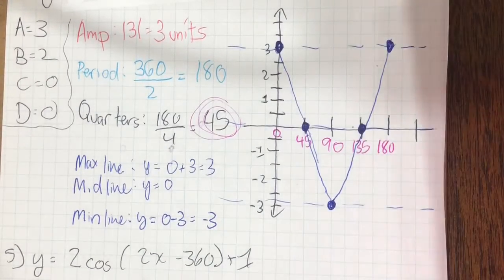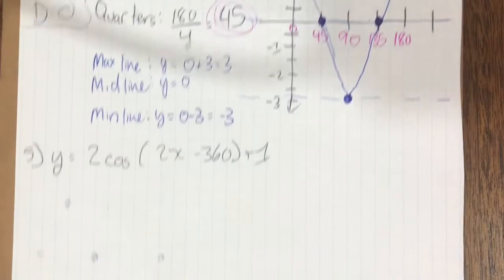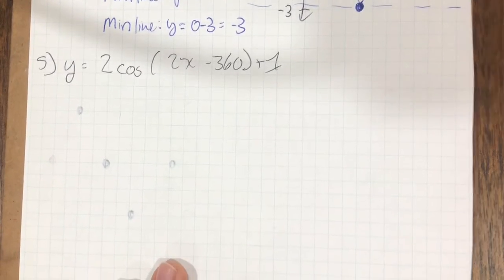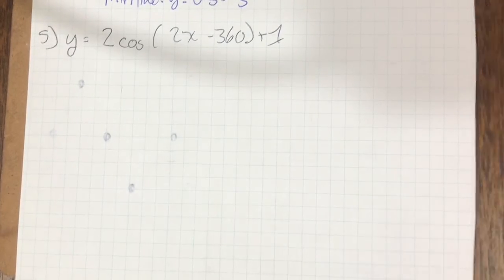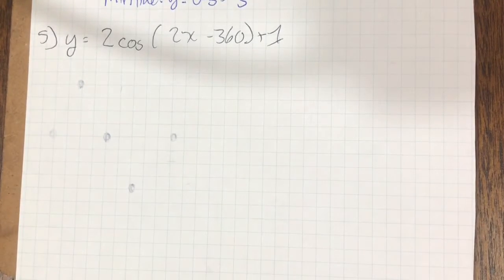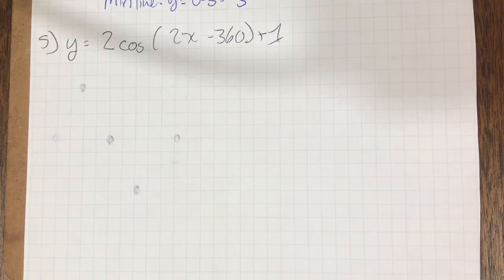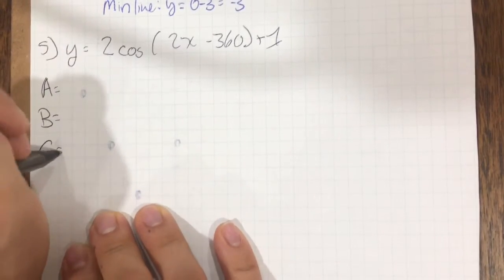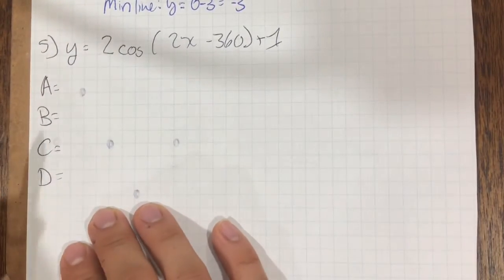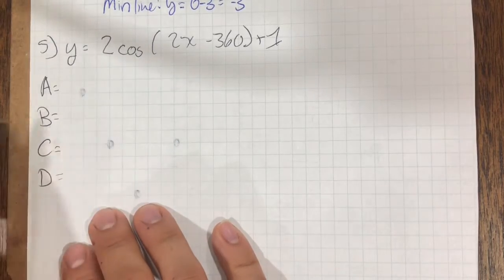So let's take a look at number 5. For number 5, we have a little bit more numbers, so we're going to have a little bit more information, but we're still able to graph 2 times cosine of 2x minus 360 plus 1. Let's get started by labeling my A, my B, my C, my D. For my A, there's a number in front of cosine, which is 2.